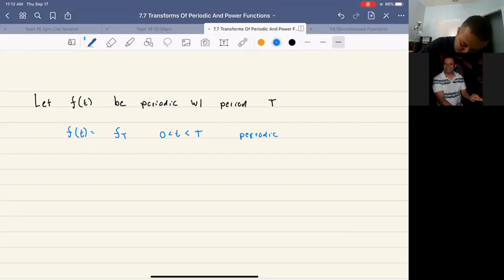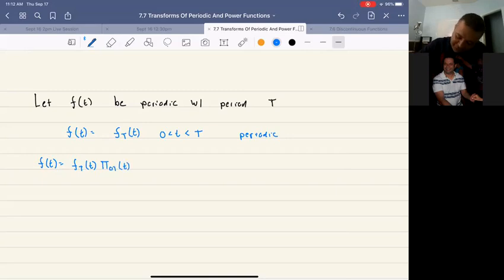Our f of t would definitely be equal to this thing, right? I should write a T there. For its first period, that's going to be from 0 to T, so that's the window function from 0 to T of f sub T of t.